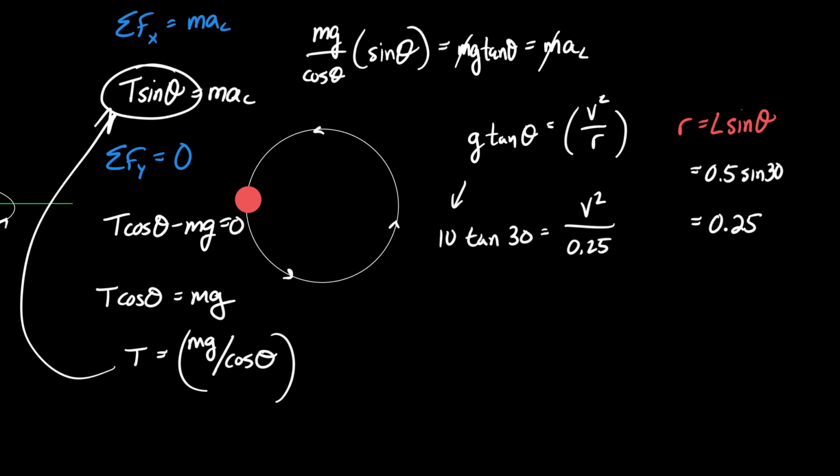So 10 times the tangent of 30 times 0.25. And I get that v squared equals 1.44. Is that what you guys get? Hope so. g was in meters per second squared, and we multiplied by meters, so that's in meters squared per second squared. And I'm going to take my 1.44 and take the square root and find the velocity is 1.2 meters per second.